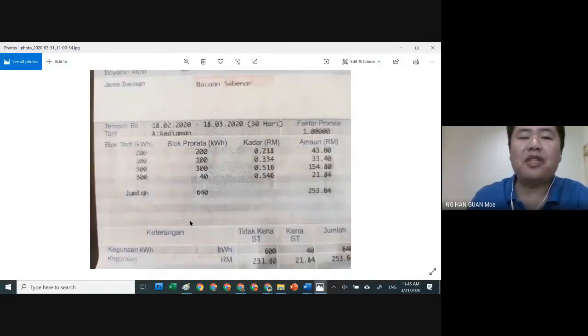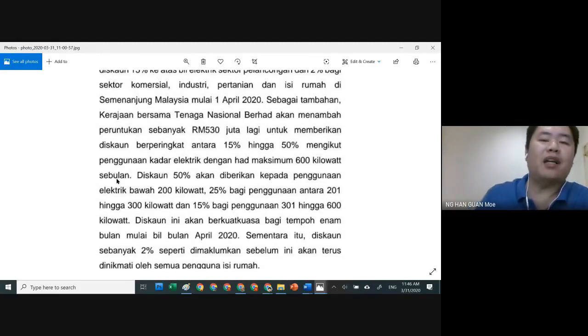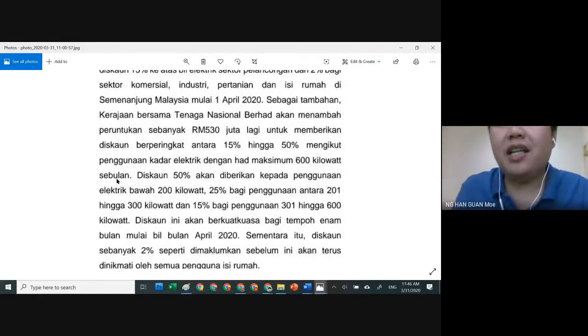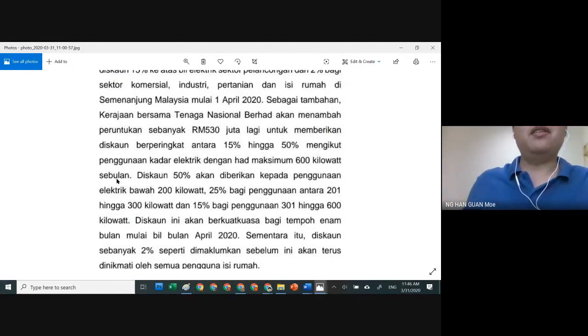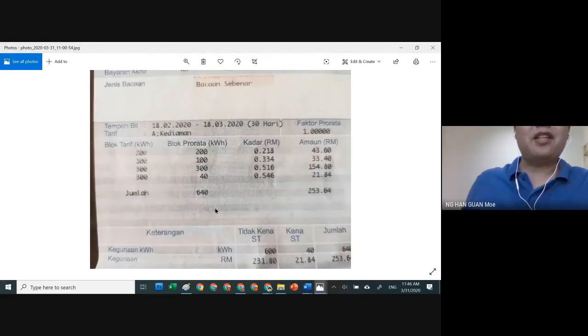I'm also wondering whether I'm entitled to get the discount, because the statement mentioned a maximum limit of 600 kilowatt a month. So if you consume more than 600 kilowatt, then you are unable to join this discount. You don't qualify for this discount. I'm still waiting and seeing, because according to my house's latest bill, I got an extra 40 units.